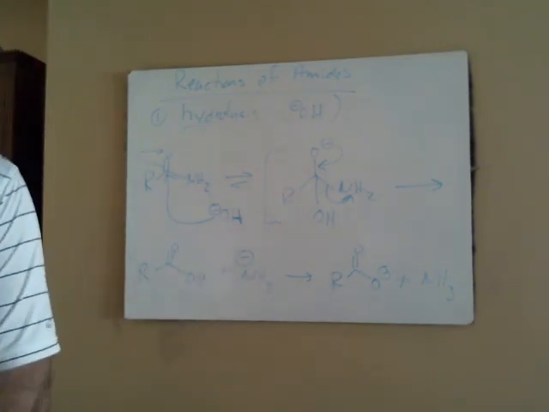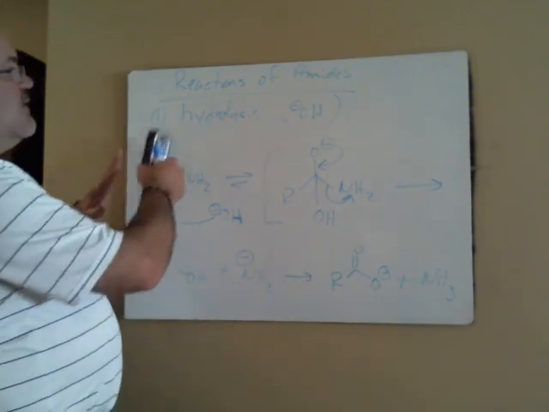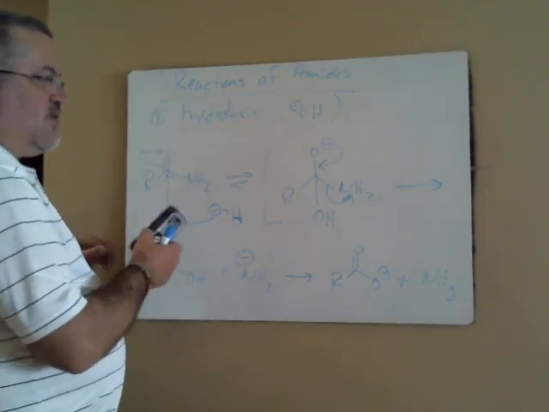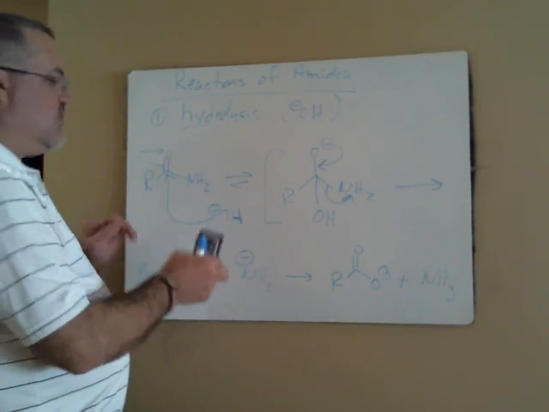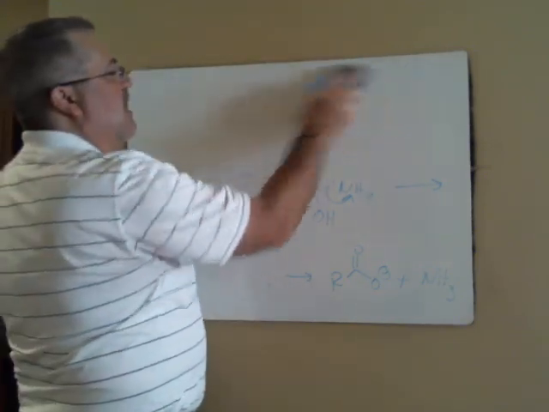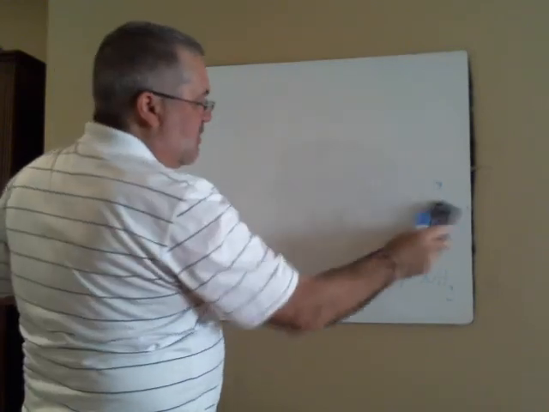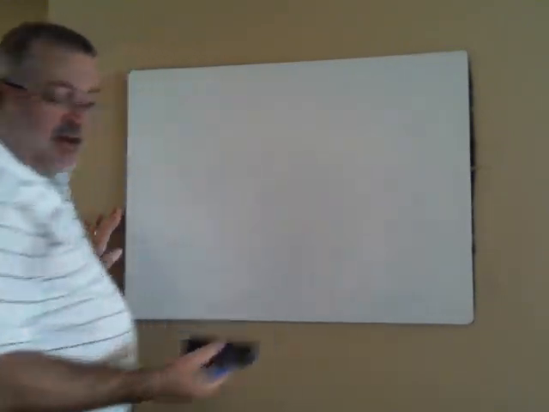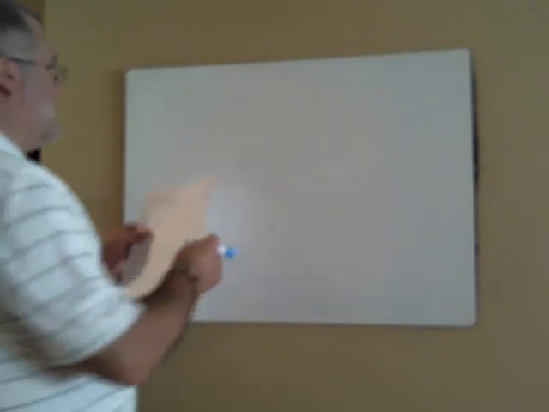All right, and so hydrolysis using water as a nucleophile is a reaction that amides will undergo. And I'll repeat again, anytime you hydrolyze a carboxylic acid derivative, you will get a carboxylic acid. Okay? Now what about reductions?